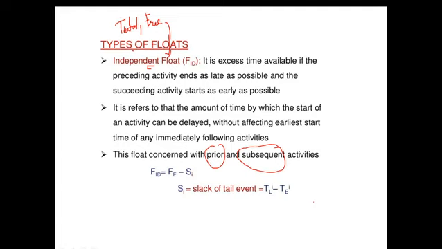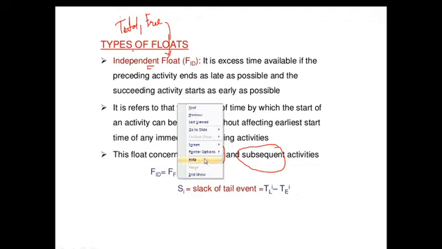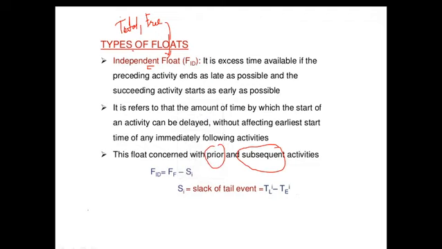One more basic formula to calculate independent float is minimum available time minus activity time.